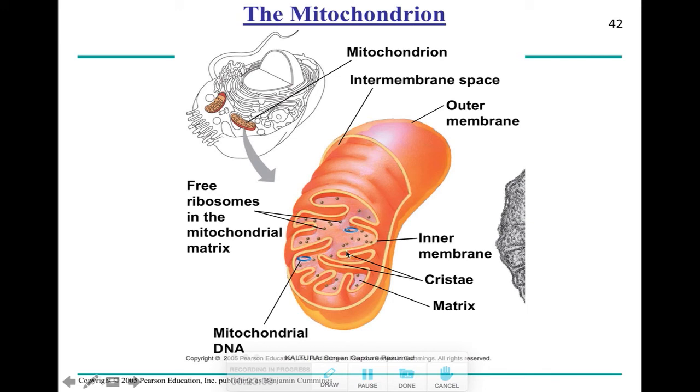These are called cristae. They have tiny proteins embedded in them, and these are electron transport chain proteins. So yes, oxidative phosphorylation is going to take the help of these electron transport chain proteins.